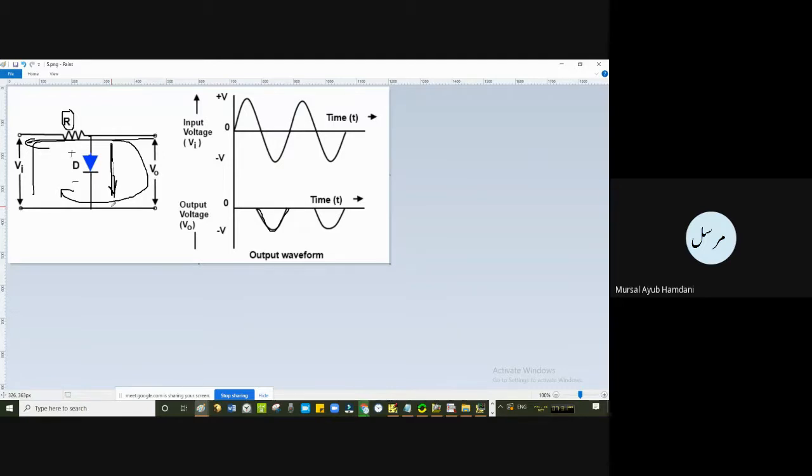In the shunt case, we shall always remember that when the diode is forward biased, the output does not follow the input. When the diode is reverse biased, only then will the output follow the input.